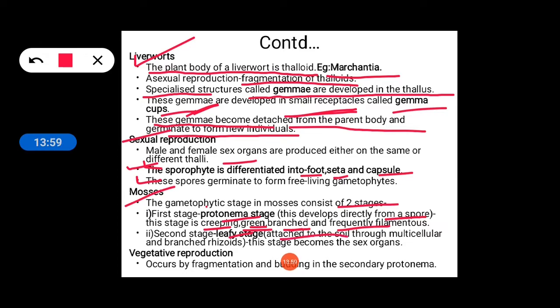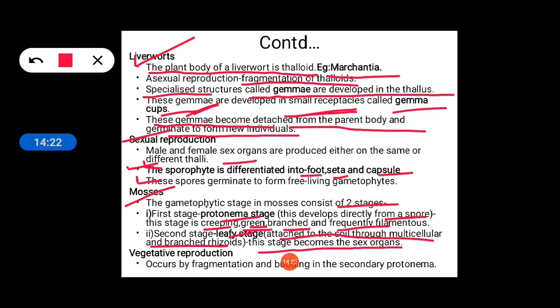It is attached to the soil through multicellular and branched rhizoids, which are thin hair-like structures.